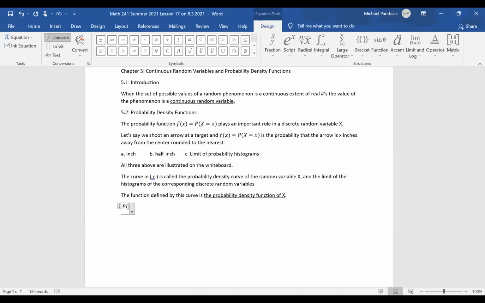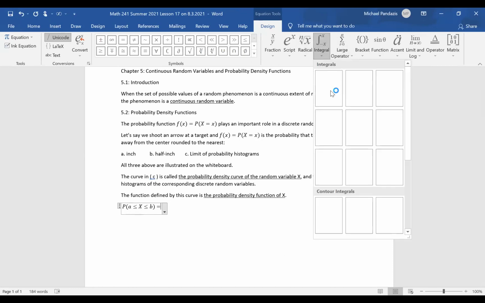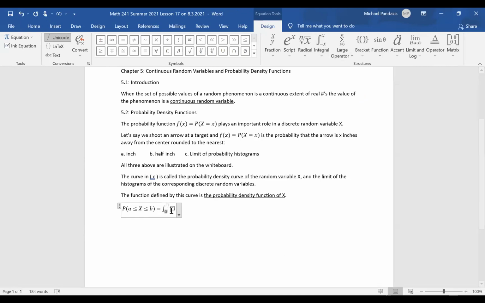Okay, so now if we look at the probability that A is less than or equal to X, less than or equal to B, this is equal to the integral from A to B of f of x dx.